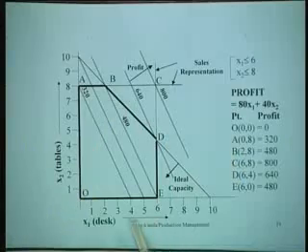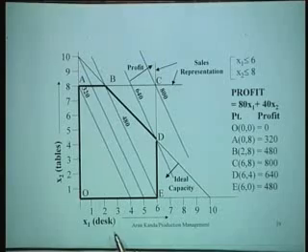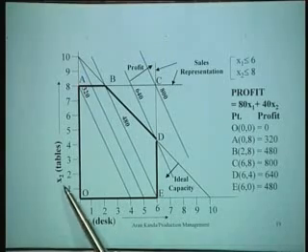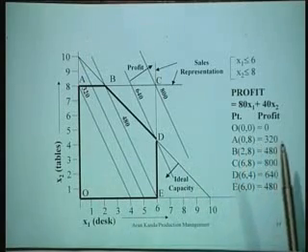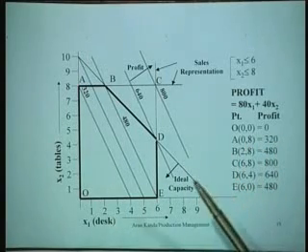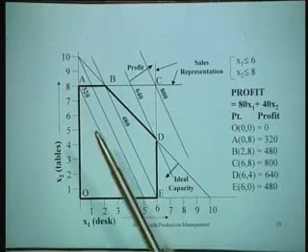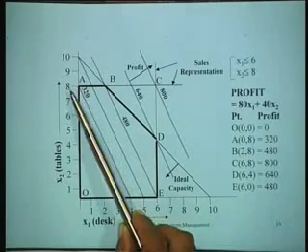So if you want to work with these priorities, incidentally, you can solve this problem graphically. What we see here is, if on the x-axis we have the number of desks, which is x1, and on the y-axis we have the number of tables, which is x2, then the total sales capacity for tables is this line.